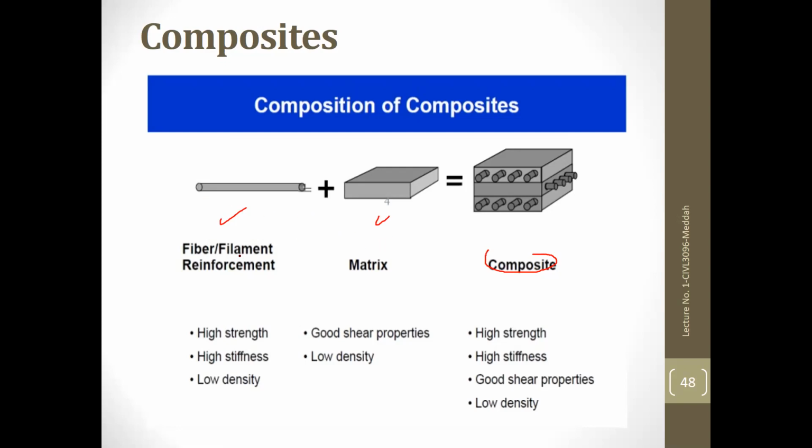So you have a matrix, and then you have reinforcing material that could be fibers or filament or other types of combination. So this is the most common, but there are other strategies or other techniques for how you form a composite material. So what you get from this combination, of course, is high strength, because you're combining weak material with high strength material.